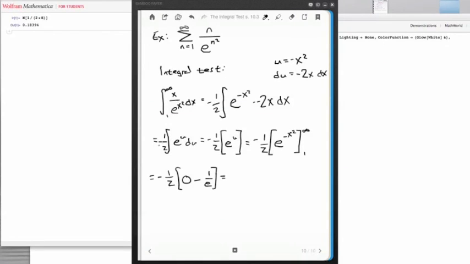Okay, so here I just paused for a moment, and if you look over to this side here, this is exactly equal to 1 over 2e, which is roughly equal to 0.18394.